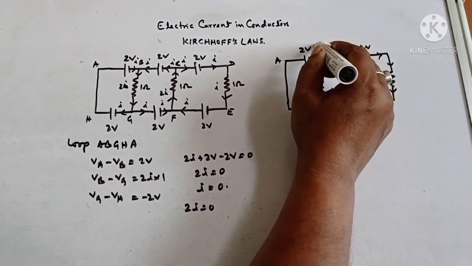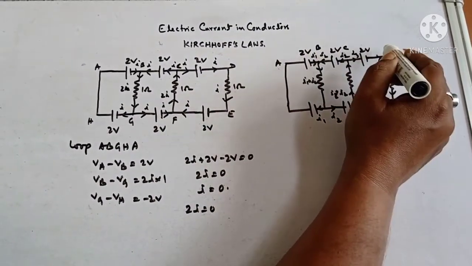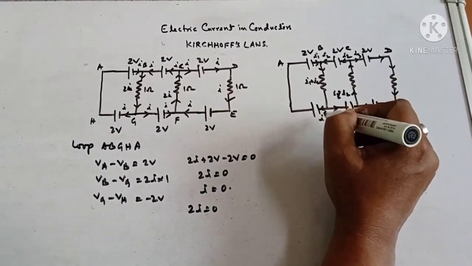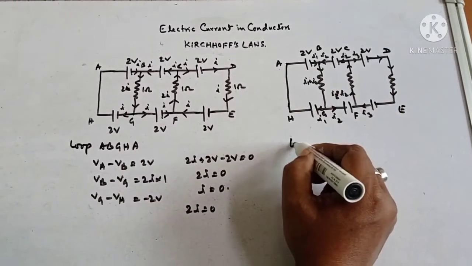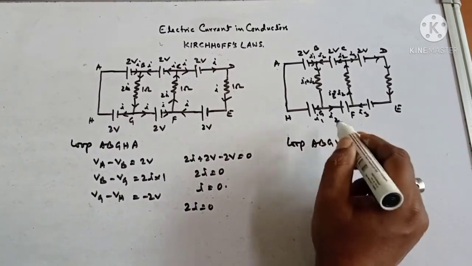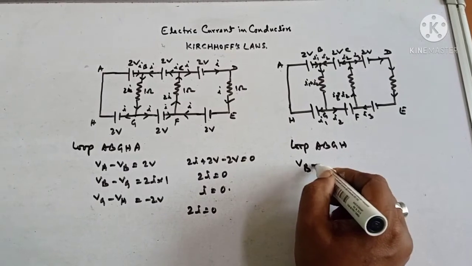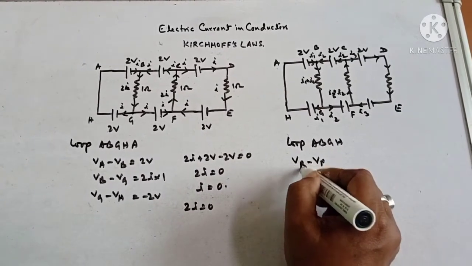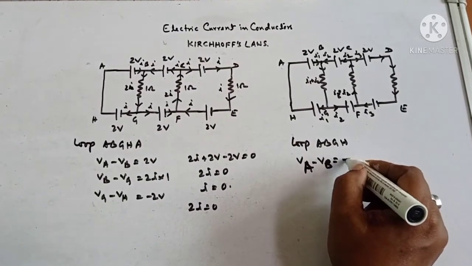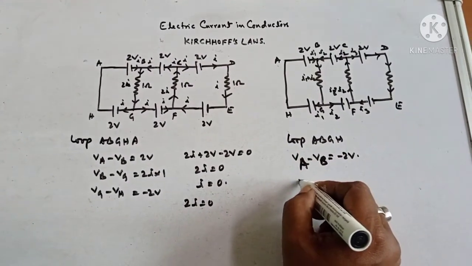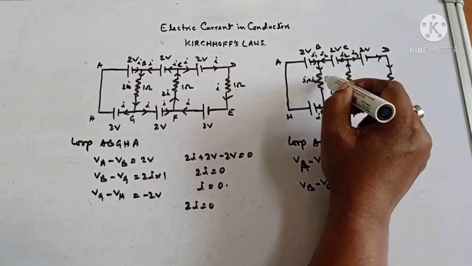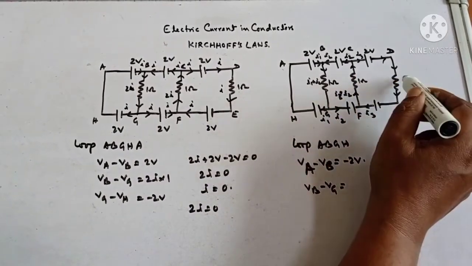If you want, you will get the same result: B, C, D, E, F, G, H. You see in the loop A, B, G, H, you have VA minus VB, which will come out to be higher to lower, minus 2 volt, and VB minus VG, all these are 1 ohm resistances.